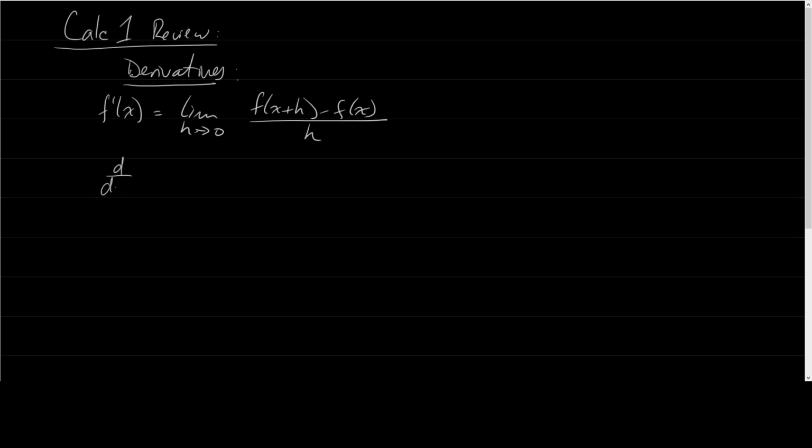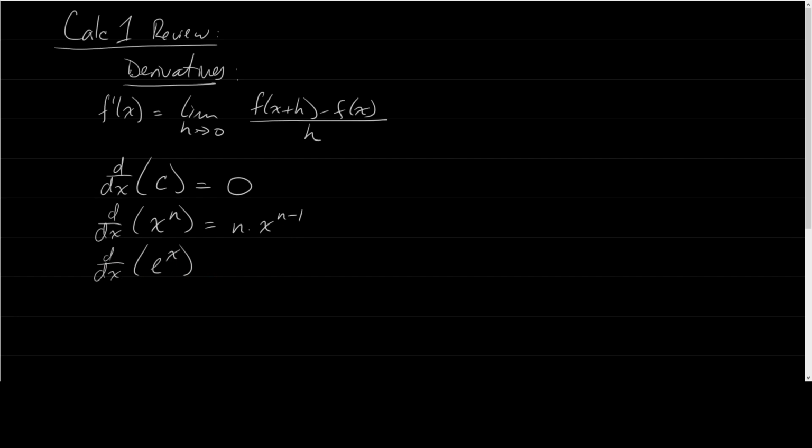The derivative with respect to x of a constant is 0. The derivative with respect to x of x to the n is n times x to the n minus 1. The derivative with respect to x of e to the x is e to the x.